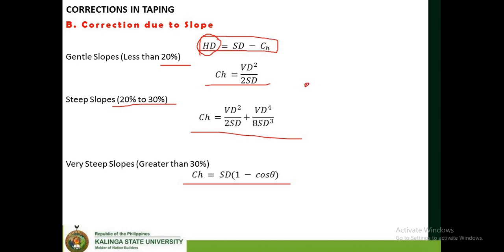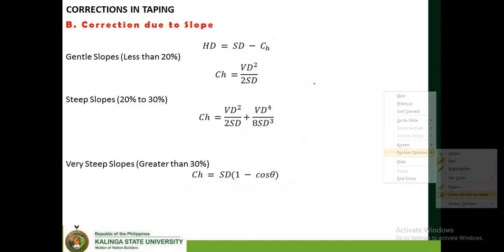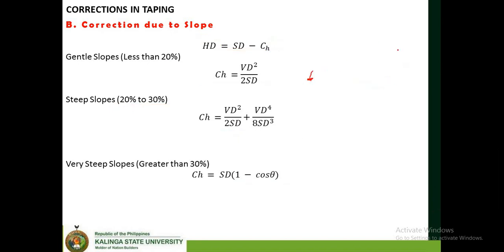Now, let's say this is a point A and this is point B. So, ang tinatawag nating slope ay, if I'm going to connect these 2 points, this is my A, this is my B. Slope distance ay itong distance na to.